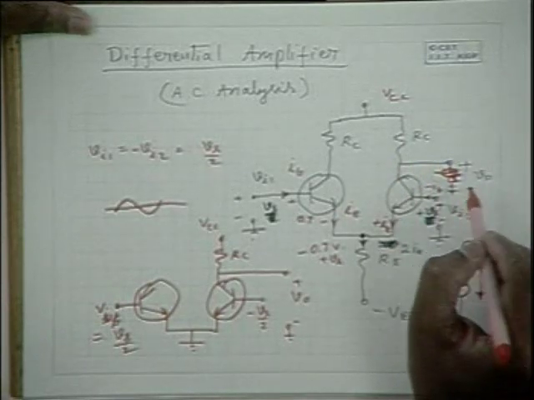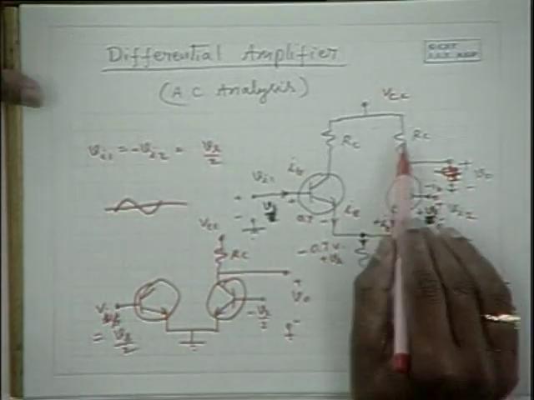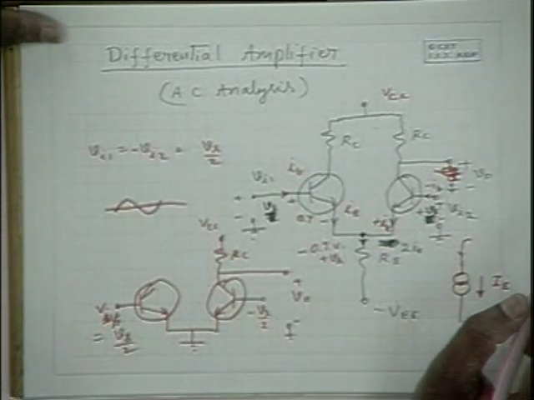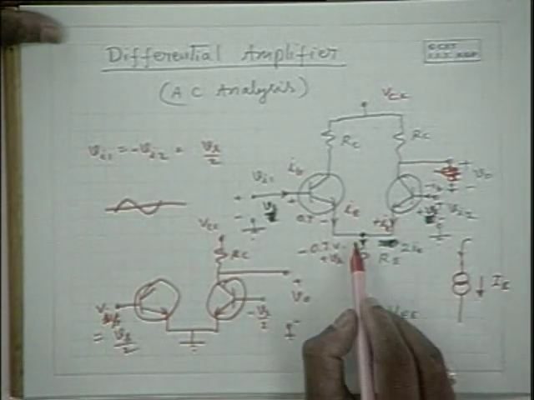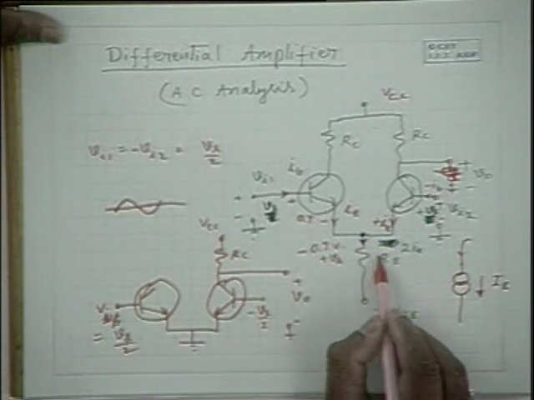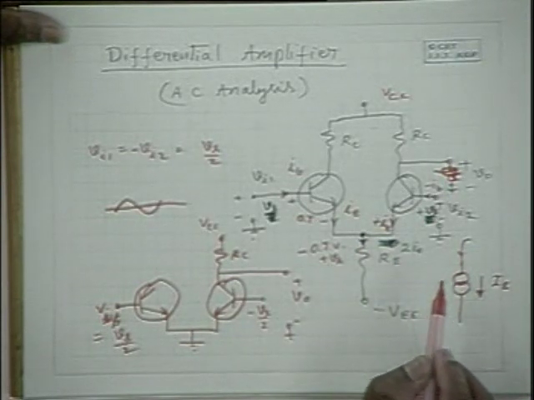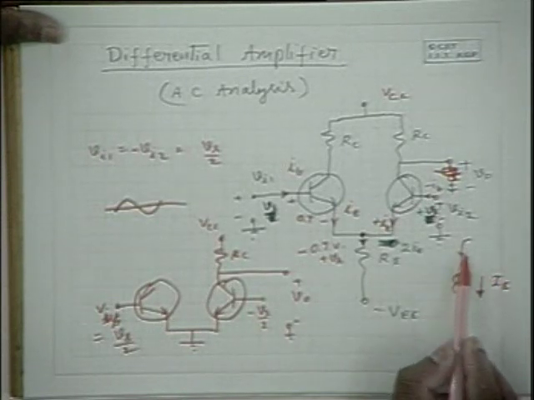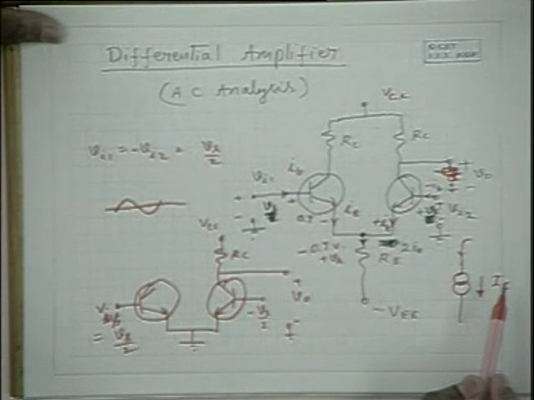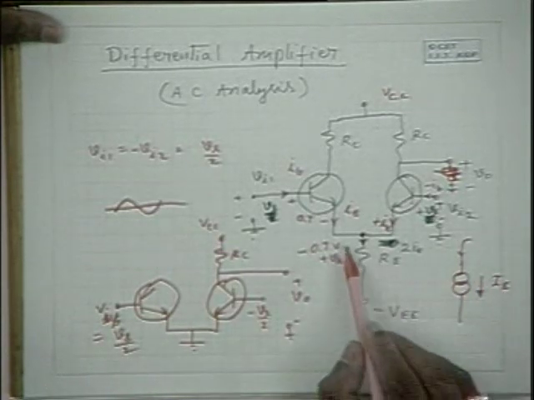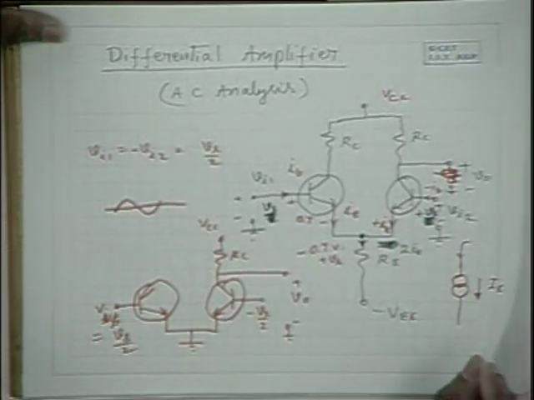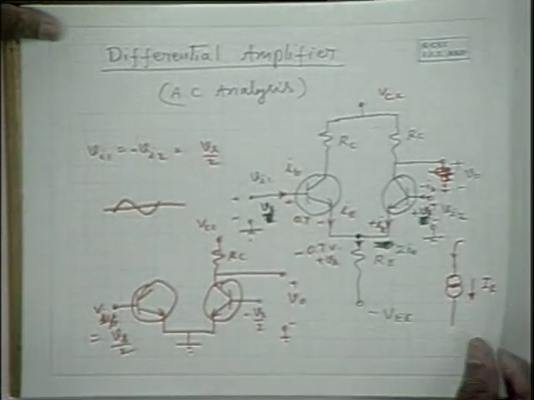Hence, for the common mode signal, the gain is 0 ideally, and that is equivalent to having an RE which is infinity, because the impedance of a constant current source is infinity. So common mode gain is 0 and CMRR is infinity.